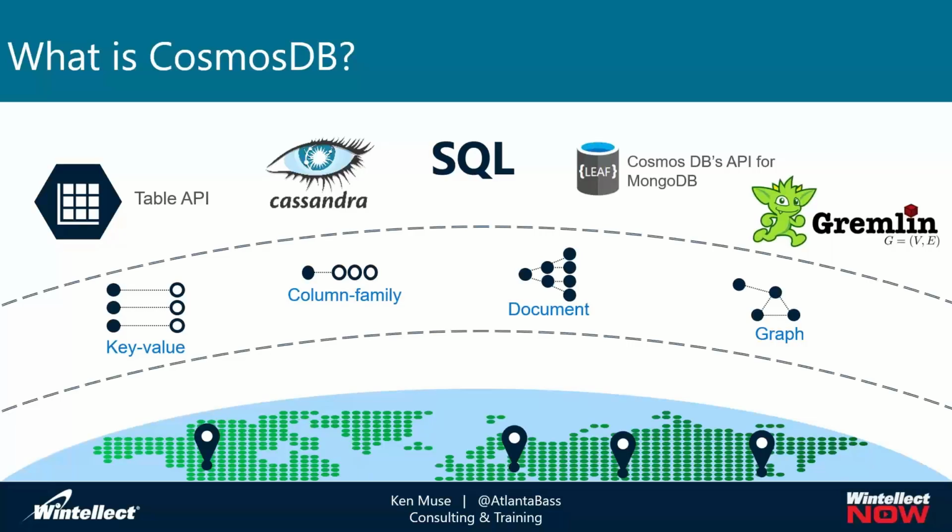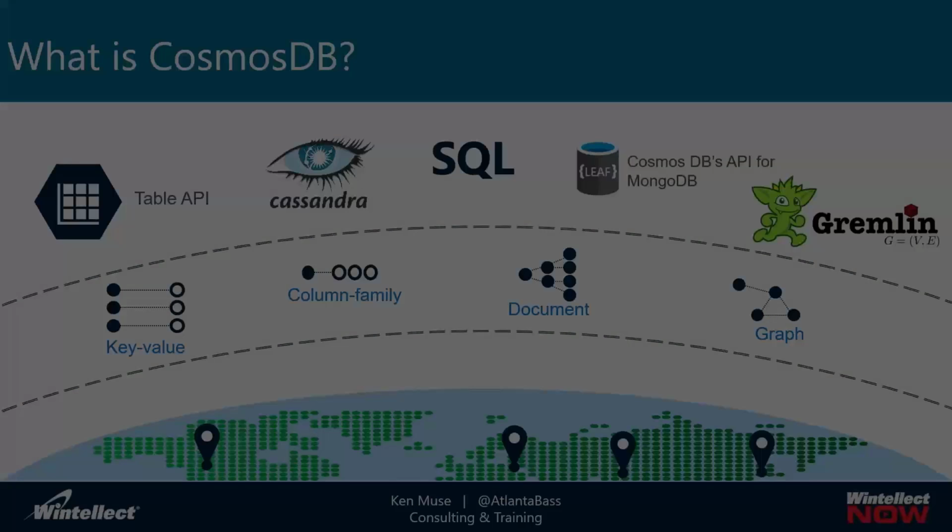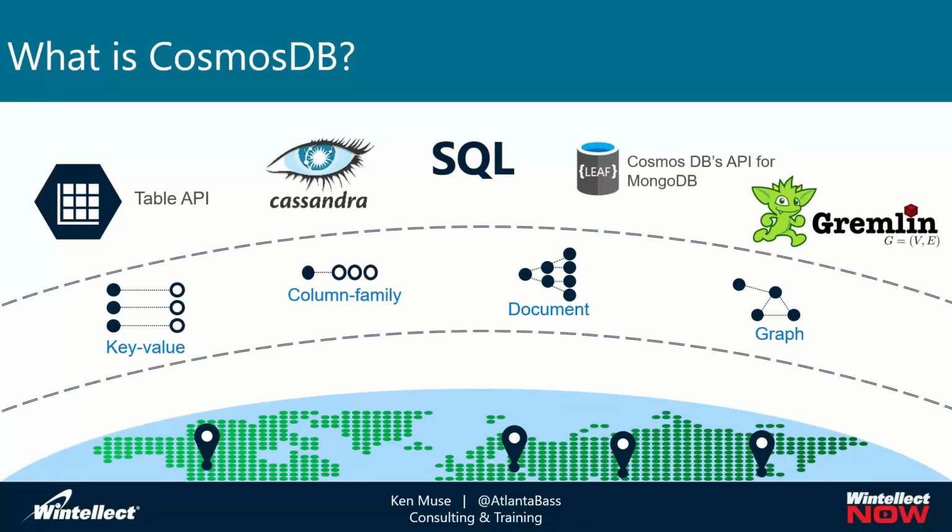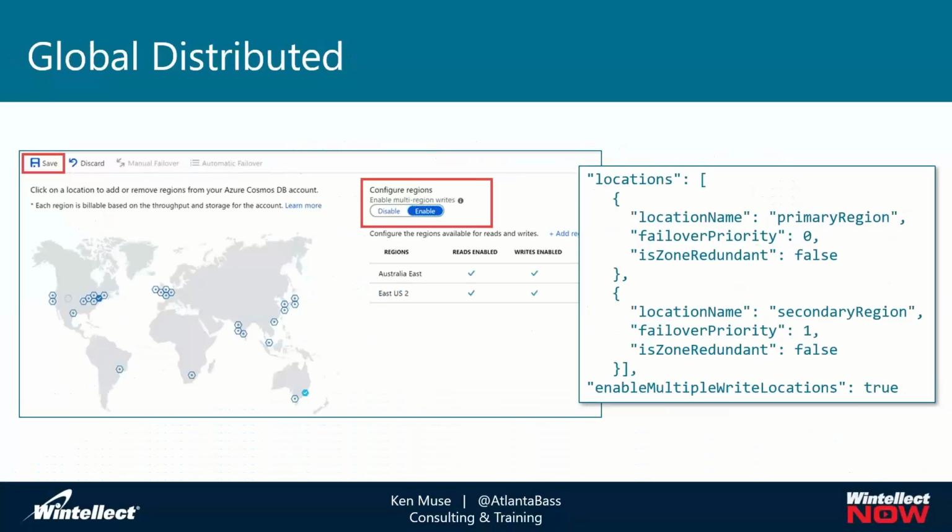Now, globally distributed is very easy for us to grasp. That usually means, simply put, that this is available in multiple locations all around the world.